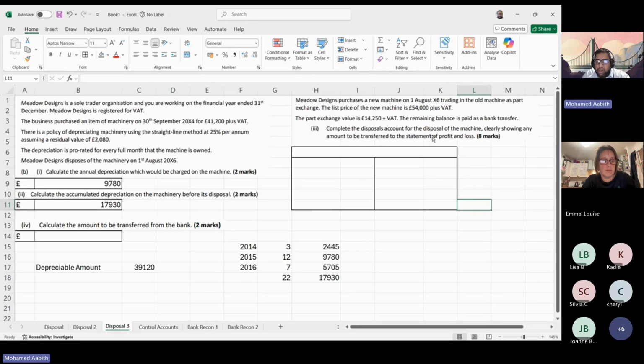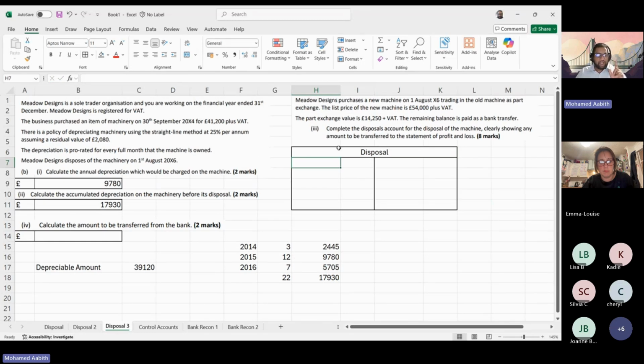So here I need to remember this one was bought on 1st of August and this was part exchange. Okay, so this one has been disposed of. This is the amount I have received so far. This is the accumulated depreciation and this is the cost. So what we need to do is find what numbers I can get rid of here. So for this disposal account, we need to get rid of the entry. So let's find out.